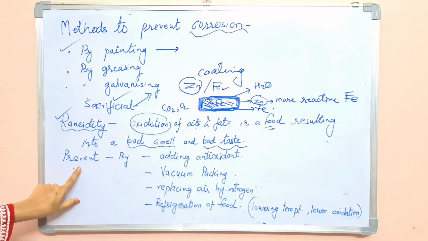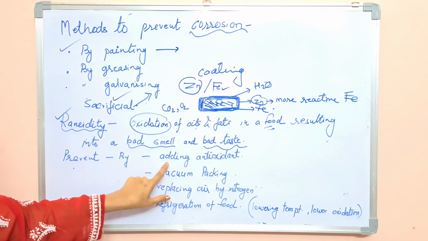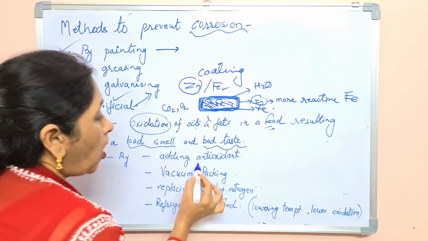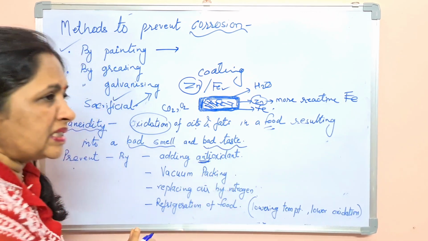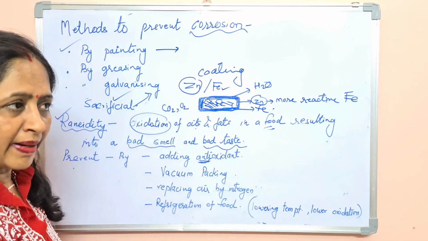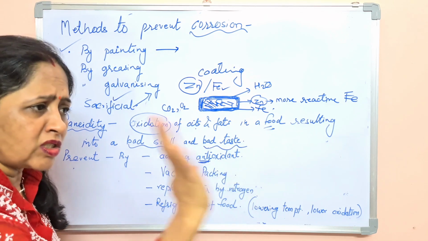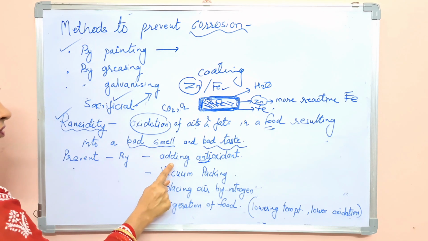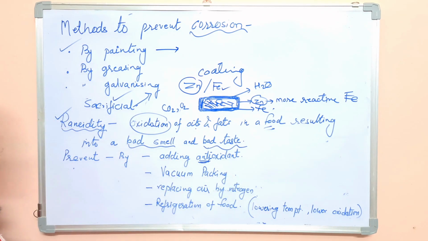So how can we prevent rancidity? Rancidity can be prevented by adding antioxidants. You see the term anti, as in anti-social element and all that. You have heard this word anti. Anti means against oxidation. So we have to add some substance which resists oxidation, which can stop the oxidation.